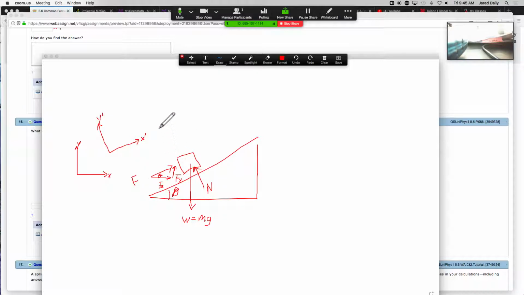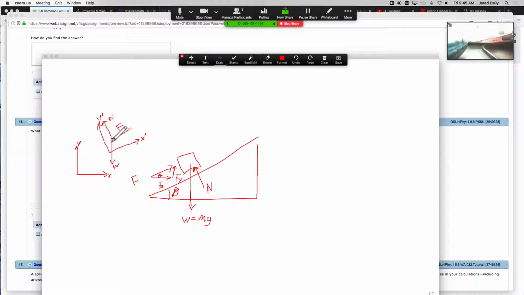And that means our force is now pointing in the x prime direction, F. And our normal force is pointing in the y prime direction, normal force. And it's only our weight that is pointing in some other direction, straight down. So only our weight needs to be resolved into components.